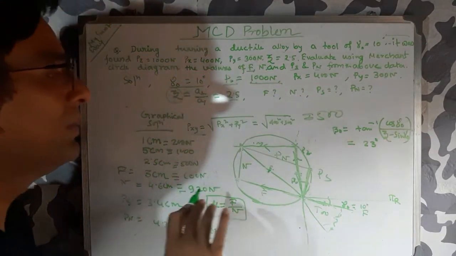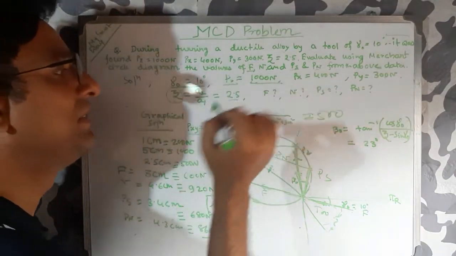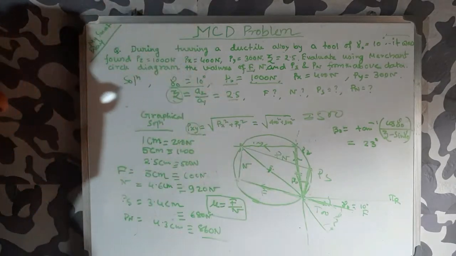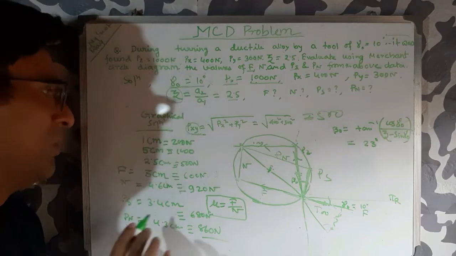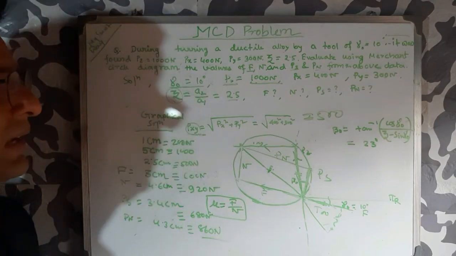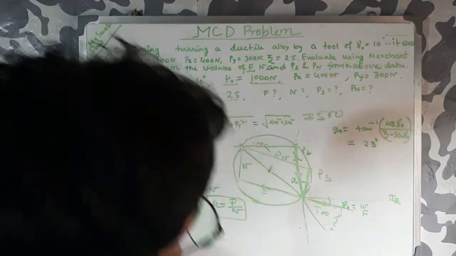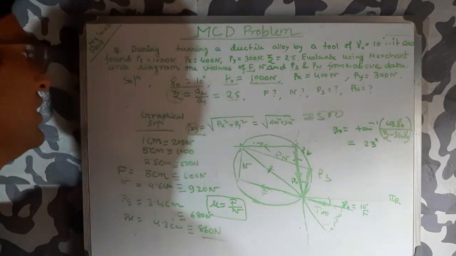So from the Merchant circle diagram, only two forces are given, Px and Pz, and Pxy. You can easily find out all other forces with the help of the MCD diagram. To find any kind of machining forces, this MCD circle diagram is very important.